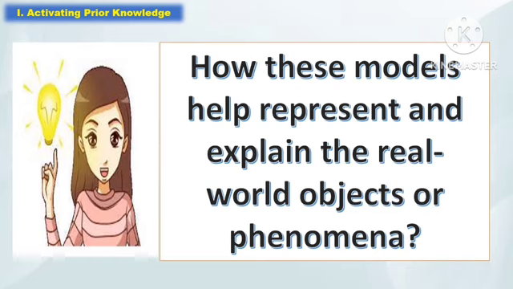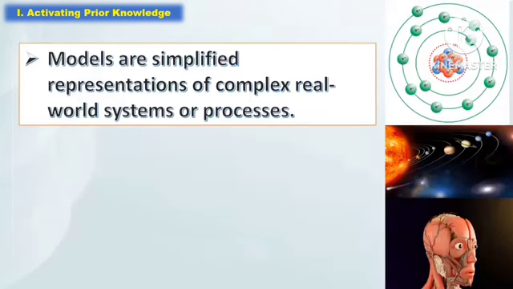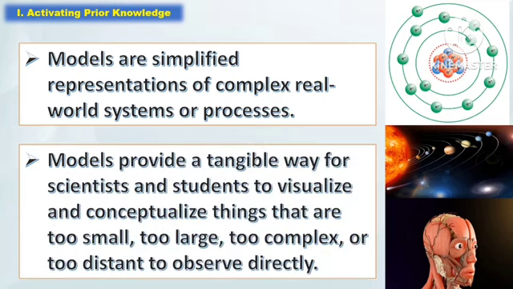After the students share the examples of models that they have encountered, another question will be asked to the students. How does this model help represent and explain the real-world objects or phenomena? After the teacher elicits responses from the students, the teacher will now explain what a model is.